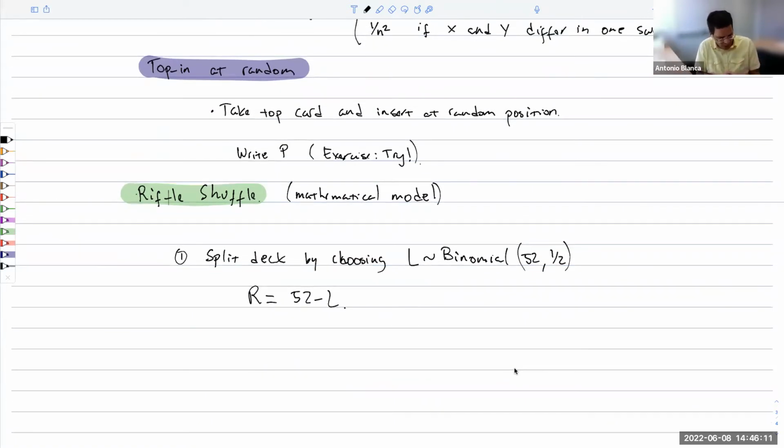So you draw this number from the binomial distribution. Now you have cards in your left hand and your right hand, and now we need to model the mixing part, when we drop cards. The way this is done is by saying we're going to repeat while there are some cards left, either in your left hand or your right hand. We now decide that with some probability we drop a card from the left hand, and with some probability from the right hand, into the mix.